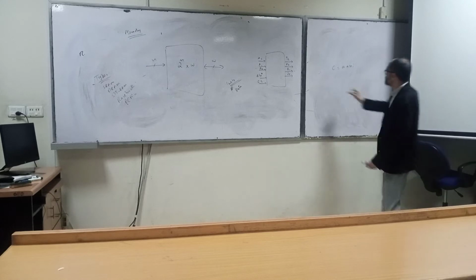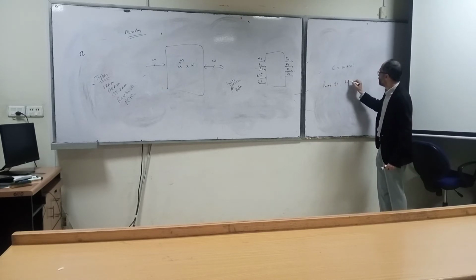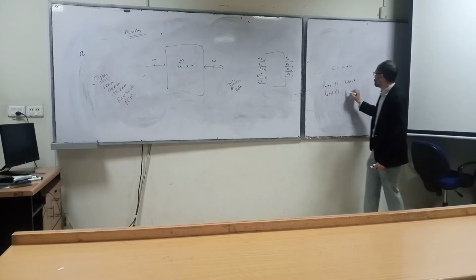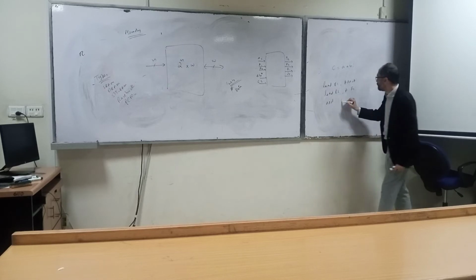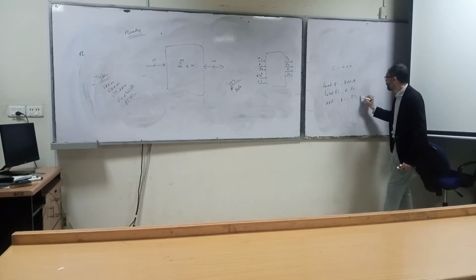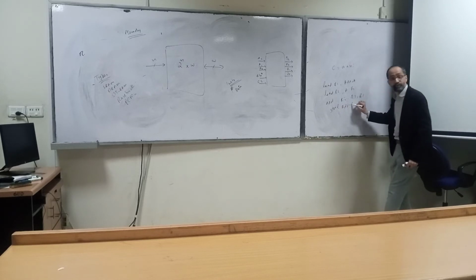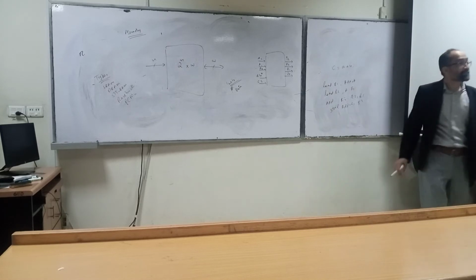What are these instructions? Load R1, address of A; load R2, address of B; add R3, R2 and R1; and then store address of C and R3. So these were 4 instructions.